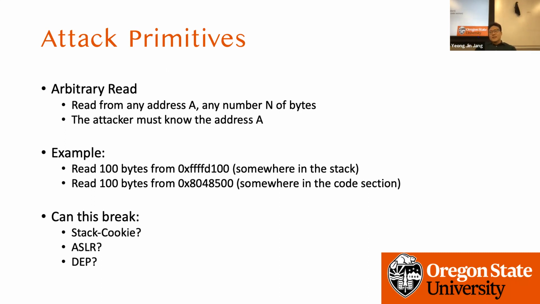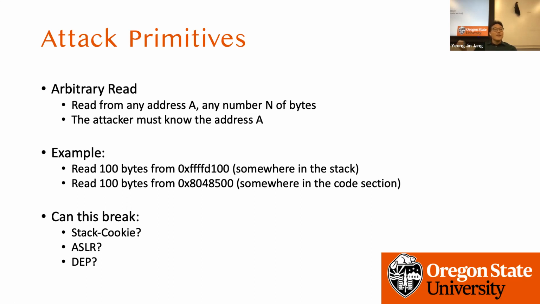But even with limited functionality, we can still hack. Examples of arbitrary read could be reading 100 bytes from some stack buffer address. If the stack buffer size is 80 bytes, it might leak some of the return address or the stack cookie. And if we can leak from a certain address, then we can leak global variables, or we can leak the global offset table because we know the address.